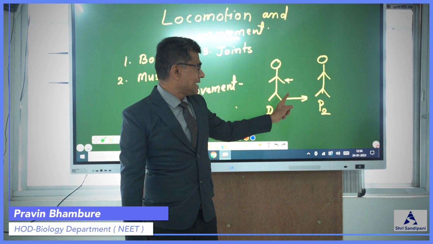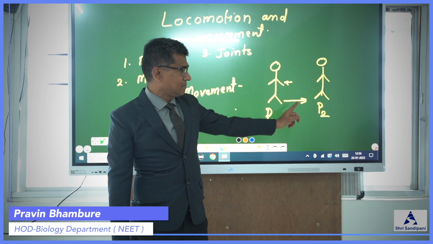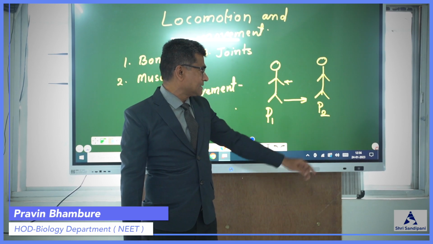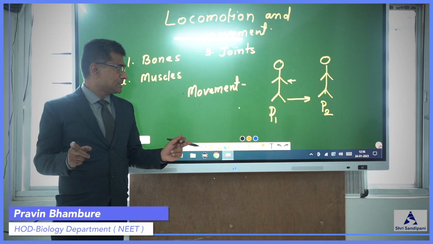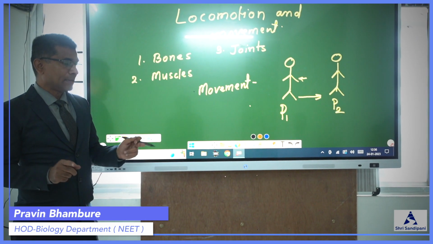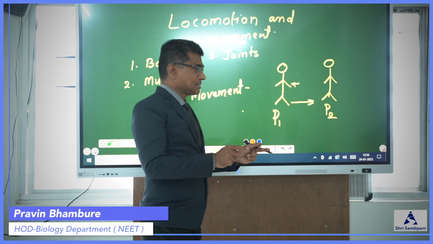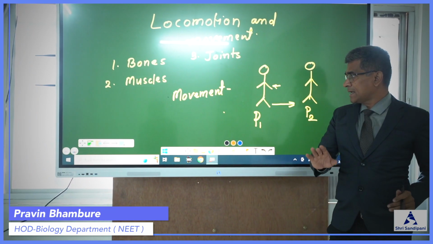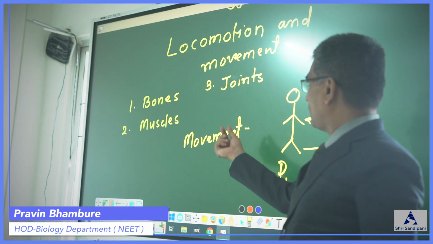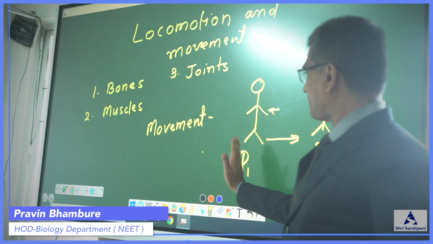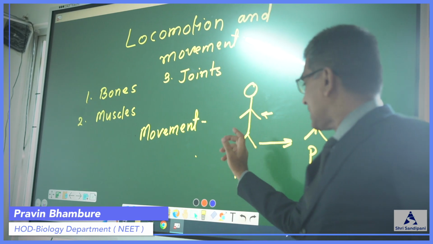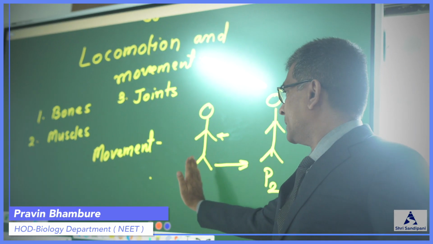There is a movement in legs also. So movement and locomotion both are simultaneously happening, and therefore we can say all locomotions are movements, but not necessarily all movements could be locomotions. Is it clear? So when we talk about this chapter, we are more focused on the parts which are getting involved in this locomotion and movement.